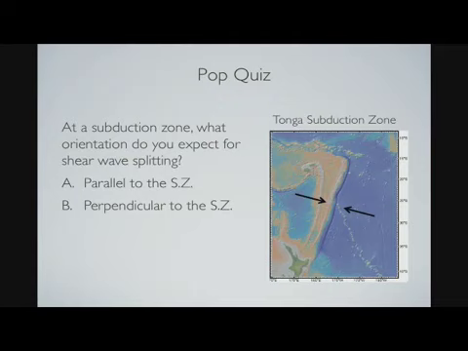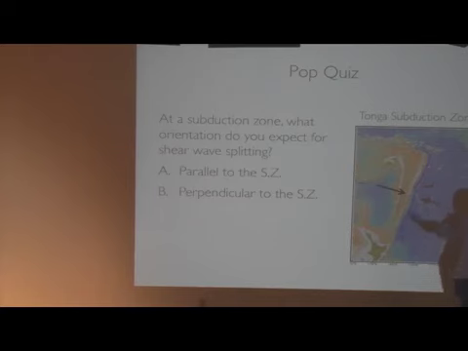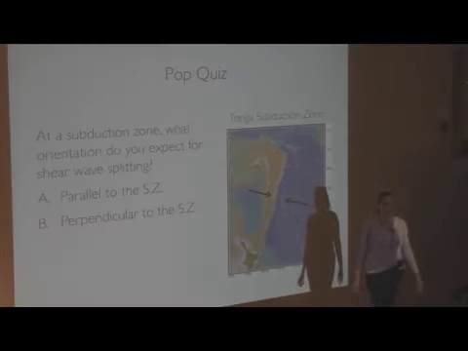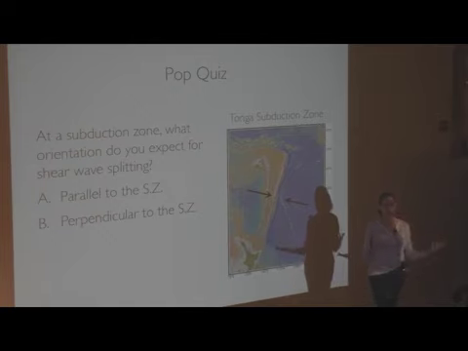Which side are you talking about? So if you would expect it to be either parallel, so this is the direction of plate convergence, and if you would expect it to be parallel or perpendicular. And let's just stick with the mantle wedge for now. Where do you observe this? I'm just saying theoretically, what would you predict?